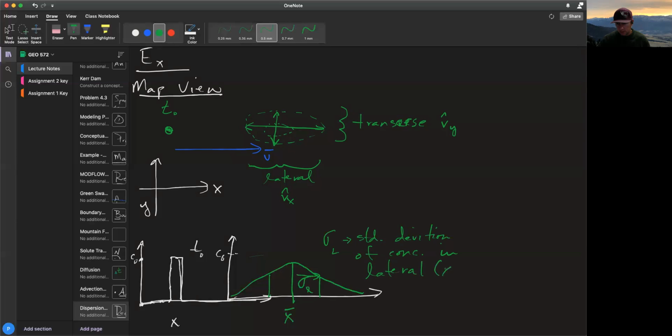And in this case, that's the x direction. This is not lateral, I apologize. This is longitudinal. It just means in the direction of the main flow. So this down here we need to change, not in the lateral, in the longitudinal direction.